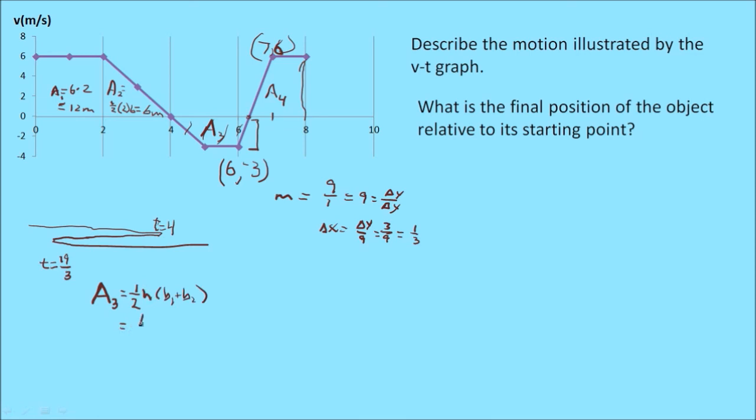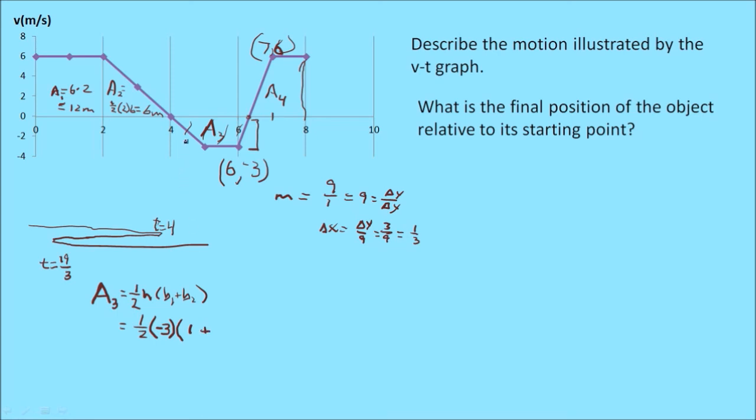So it's going to be 1/2 times, what's the height of this trapezoid? Well, this is a calculus trapezoid. This is a graphic trapezoid. Its height is not 3, its height is -3, because you can have negative areas on a graph, especially in calculus. And then the bases, well, this little base down here goes from 5 to 6, that's 1.